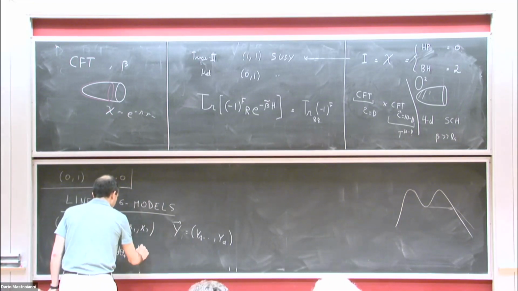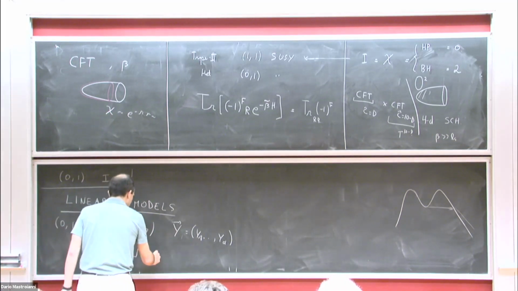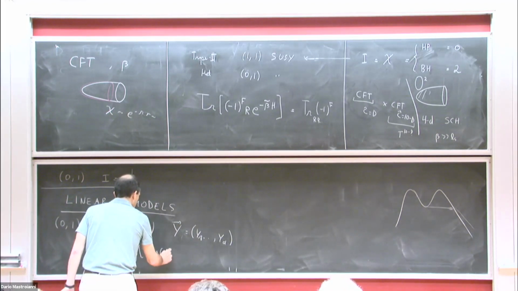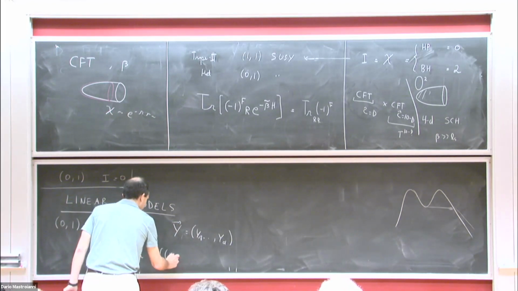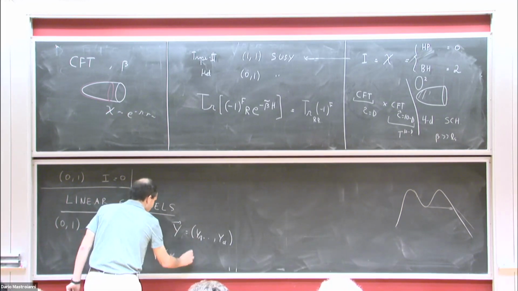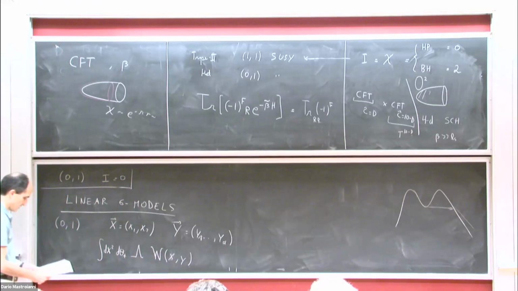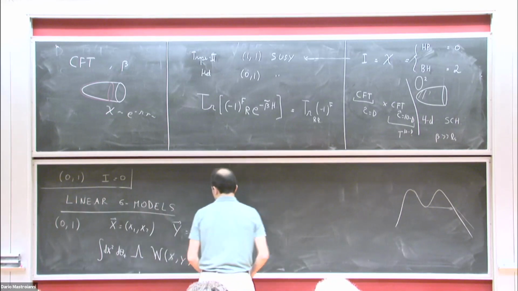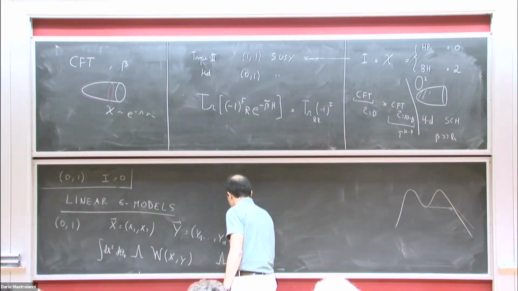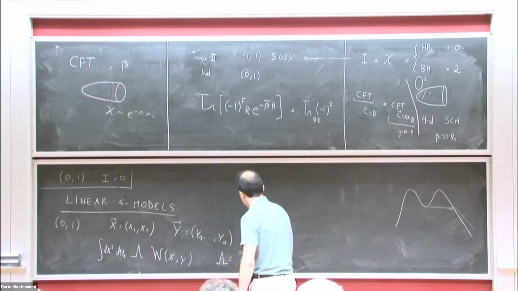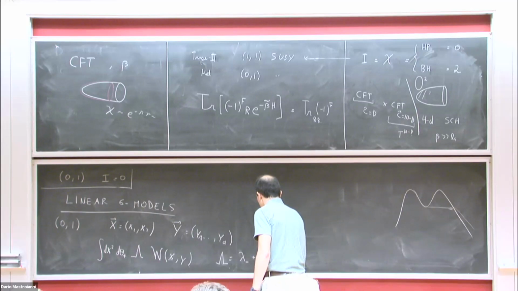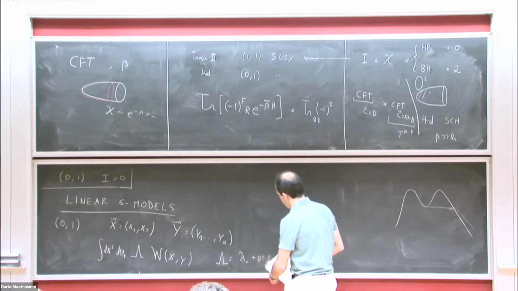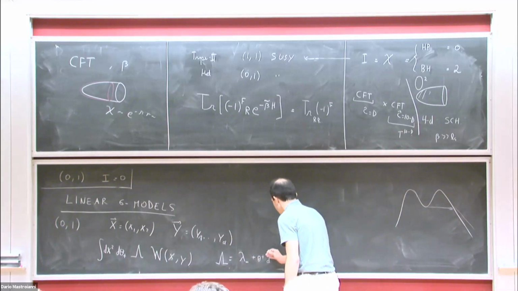And then there is a lambda superfield, and then some superpotential, which is a function of the superfields. I'm going to denote them with the same letter, superfields x and y. And so the idea will be to choose a suitable function. Now, if we start with this superfield action, lambda is a superfield which essentially contains a left-moving fermion, so that's in the non-supersymmetric direction, plus some auxiliary field we can call D.